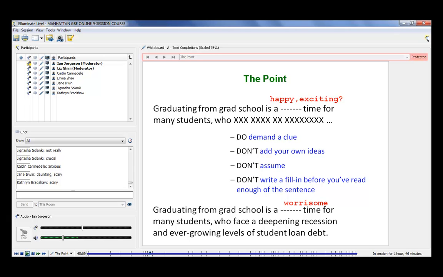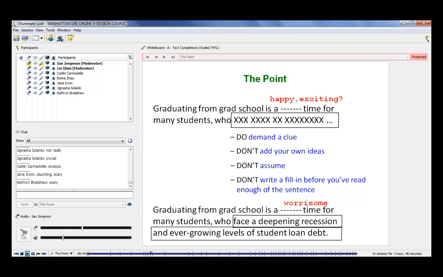The point I want to make about this is, until we actually read this part, who face a deepening recession and ever-growing levels of student debt, until we got down to that part of the sentence, we weren't actually sure what should go in the blank. It's very, very tempting to dive right in and pick a filler that sounds good, that sounds nice, that agrees with our own feelings.